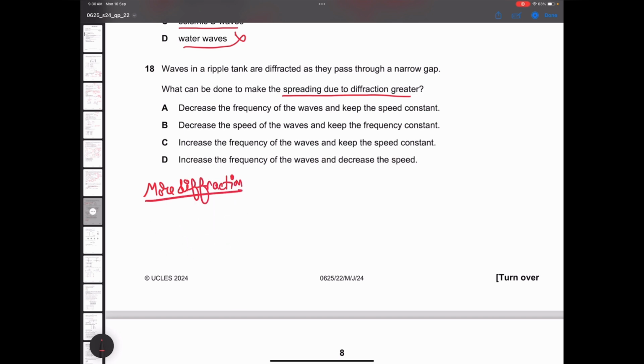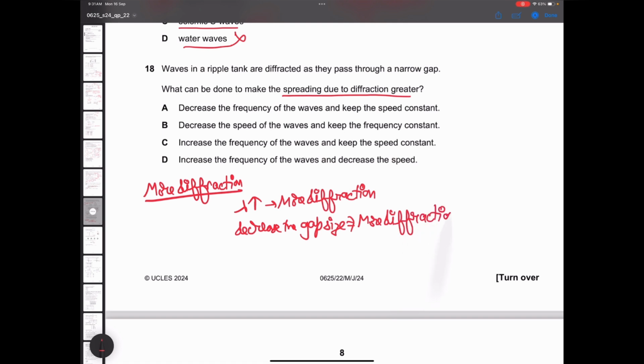As we know, if you increase the wavelength, there is more diffraction, and if you decrease the gap size, more diffraction will be there. So we have to pick one option which is suggesting increase the wavelength or decrease the gap size.